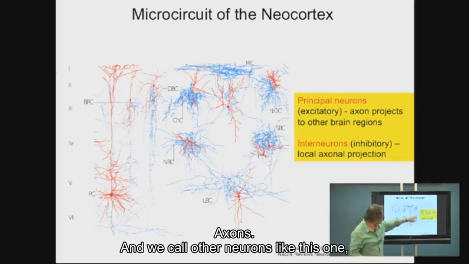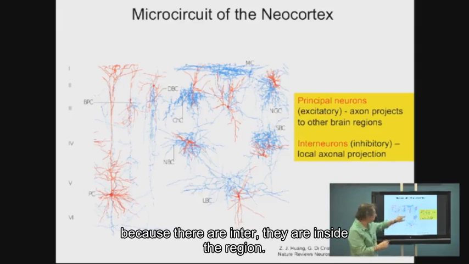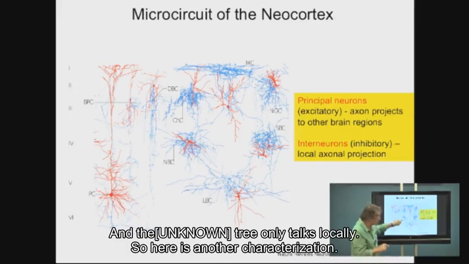And we call other neurons, like this one, for example, or this one, interneurons, usually inhibitory neurons, because they are inside the region, and the axonal tree only talks locally. So here is another characterization.